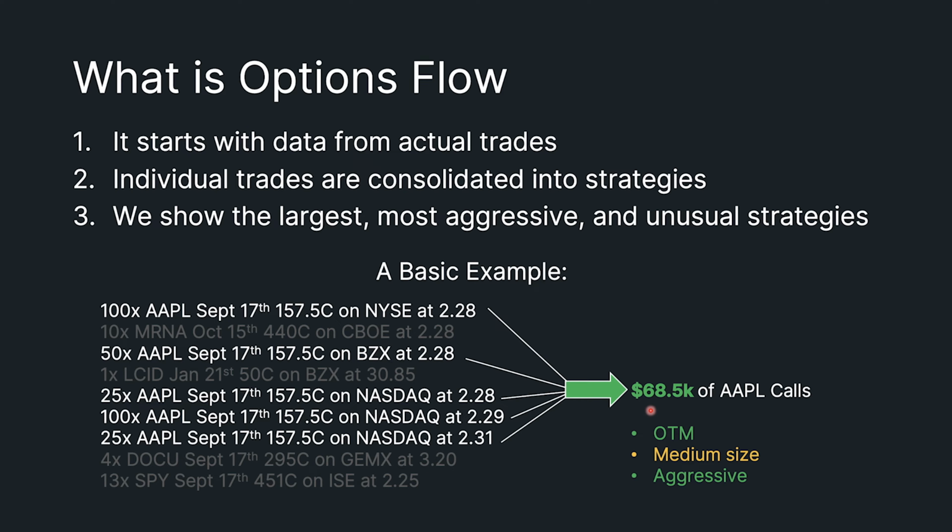It then looks at various metrics like the size, how far out of the money, and how aggressive it is, and uses that to determine if this should be shown. Apple frequently sees trades that are upwards of over $100,000. So this is on the smaller side, but it is out of the money and it is aggressive, so it could be a good candidate to show in the flow.